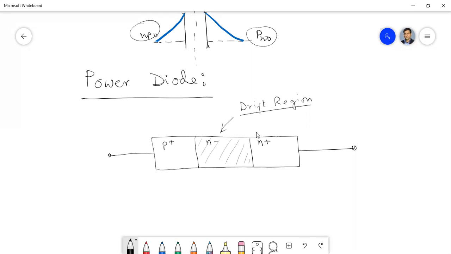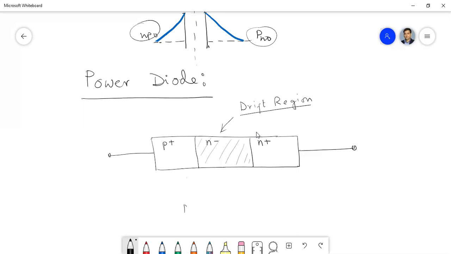Okay, the primary objective of providing this N minus or drift region is that it absorbs the depletion layer. That depletion layer I have discussed in the case of the PN junction. Actually, here this N minus layer is provided to absorb the depletion layer.